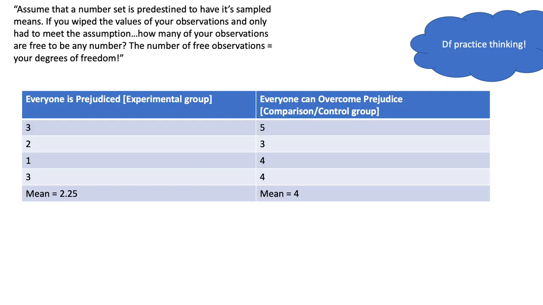All right, so here's our data we've been working with. What is the degrees of freedom riddle? It states basically, if the means have to be 2.25 and 4, but the other numbers can be anything in the world, how many of them are free to be anything, and how many of them are fixed so that the means are still 2.25 and 4?